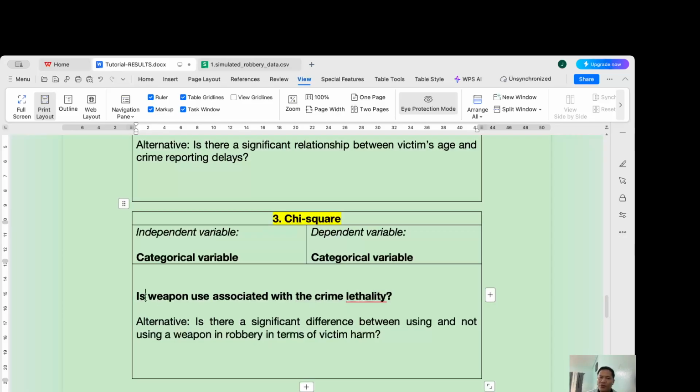And the weapon use, whether the offender used a weapon or did not use a weapon when committing robbery, is a nominal or binary variable. And we are trying to associate these two binary variables using chi-square statistics.